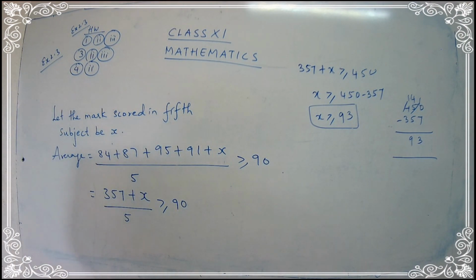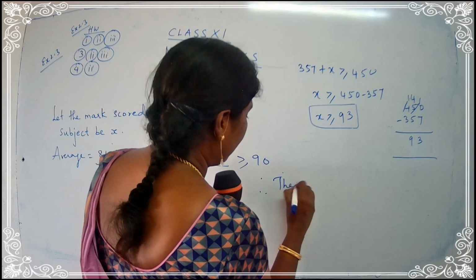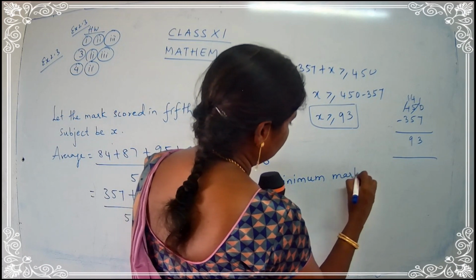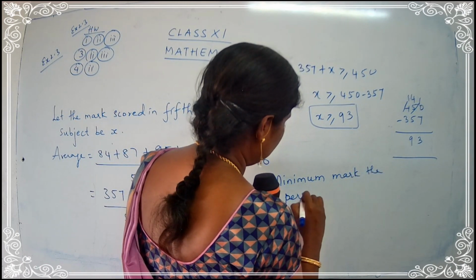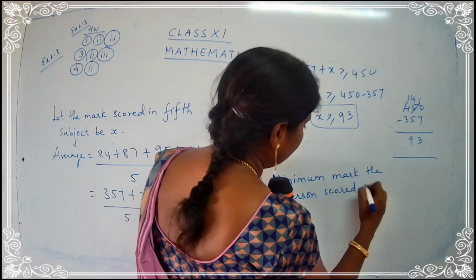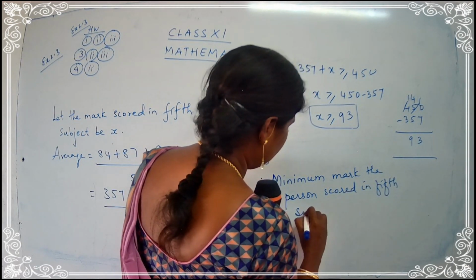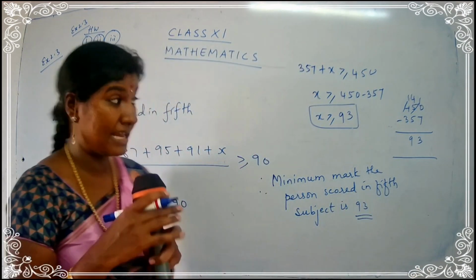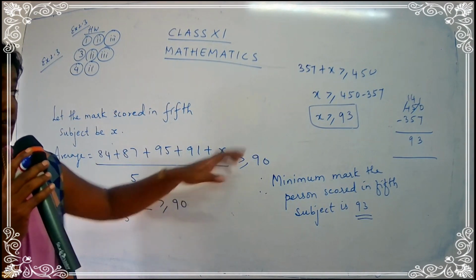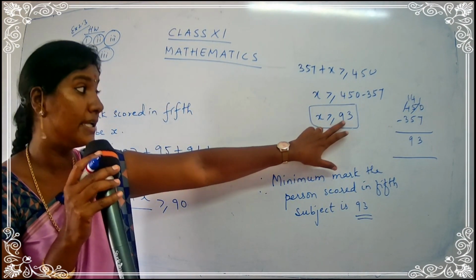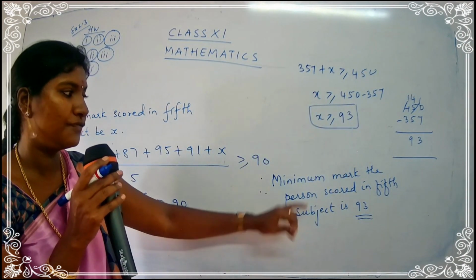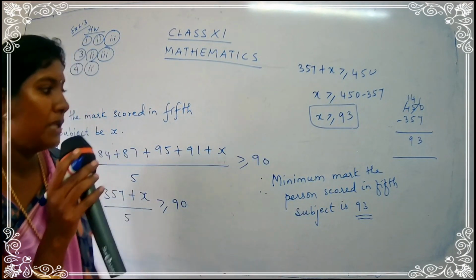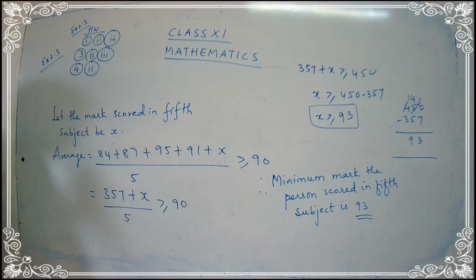Write down: Therefore, the minimum mark the person scored in 5th subject is 93. They are asking for the minimum mark. He is going to score greater than or equal to 93, which means he can score 93 or more than 93. But here the question is to find the minimum mark, and the minimum mark will be 93.